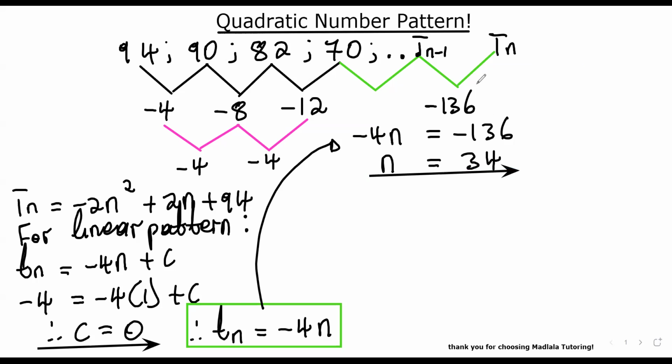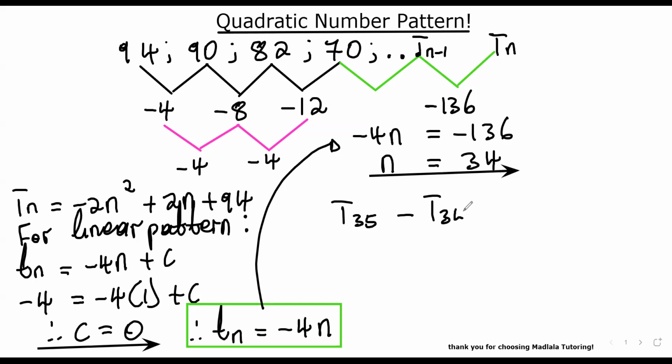So it means the term that is at position 34 in the linear pattern is going to have a value of negative 136. What am I trying to say in simple language? I'm saying, if you take term number 35 in the quadratic pattern and you say minus term number what?